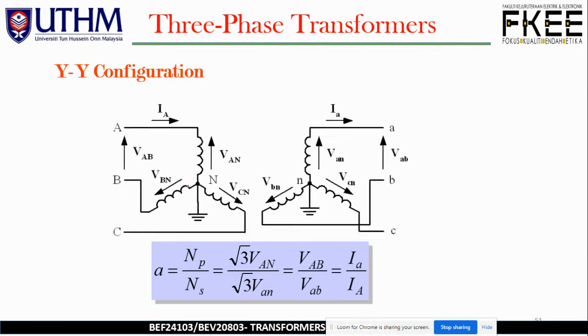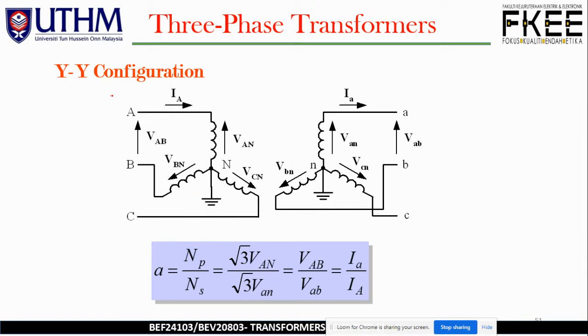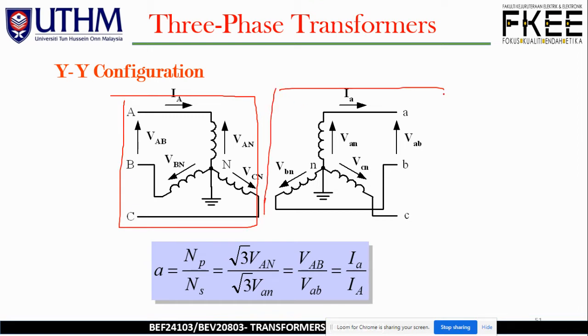So again, the YY configuration. This is how the diagram looks like. We have a star on both sides, primary and secondary. And the turn ratio over here, a equals N_P over N_S.